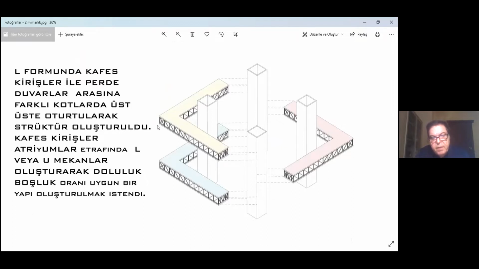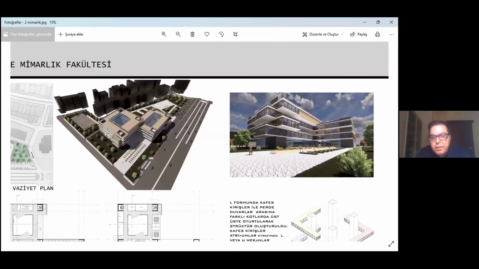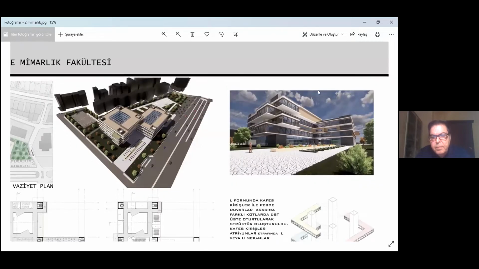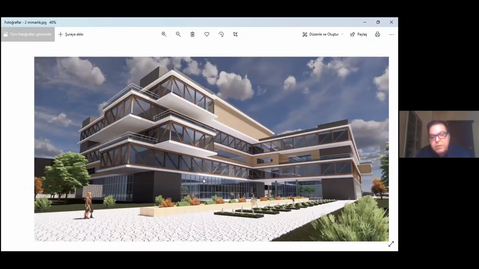The main idea was long span steel structures supported by 4 reinforced concrete columns or curtain walls. This is an aerial view. His aim was to express the architectonics of the faculty; the architectonics of the building was important for him.